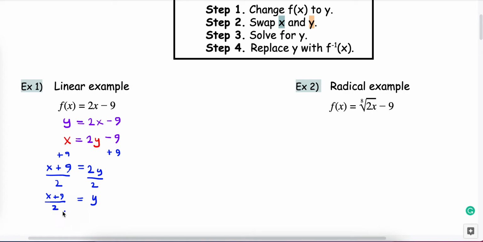So now we're going to replace this y once again with what we started with, in this case f inverse of x equals x plus 9 over 2. So this here is the inverse function of our original function.